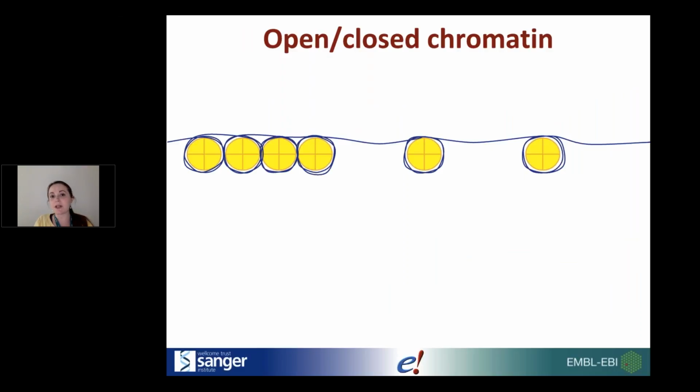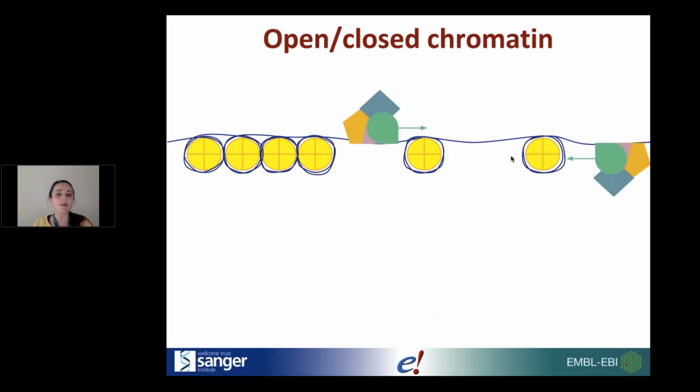So we're also interested in open and closed chromatin. So this is just another way of depicting my histones. This time I've drawn them as these little beads, these yellow beads, and we've got the DNA going twice around each one. And you'll see that over here, I've got lots of histones very close together, whereas over on this side here, the histones are much more spaced out.